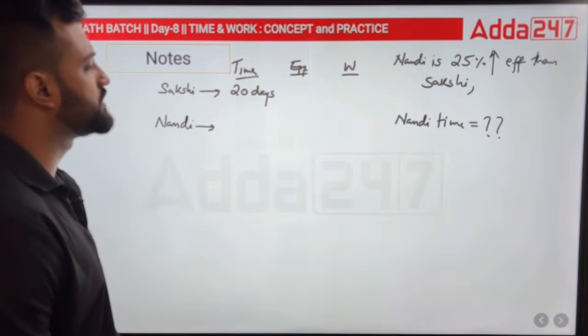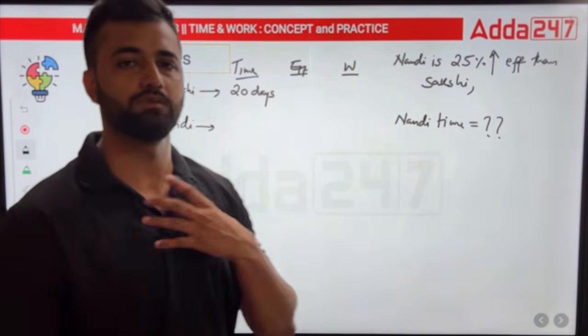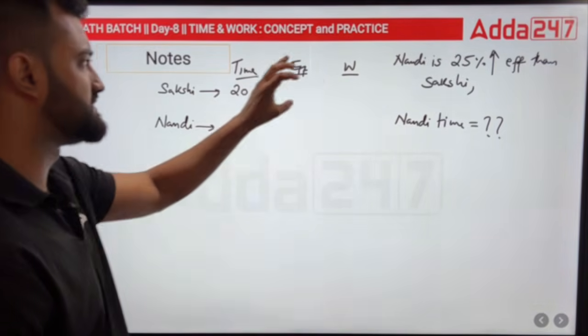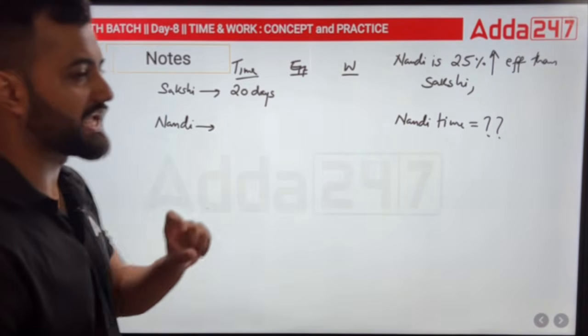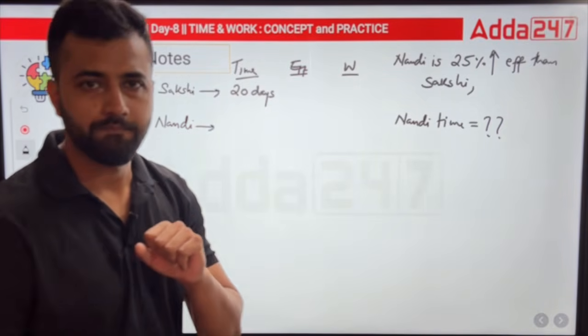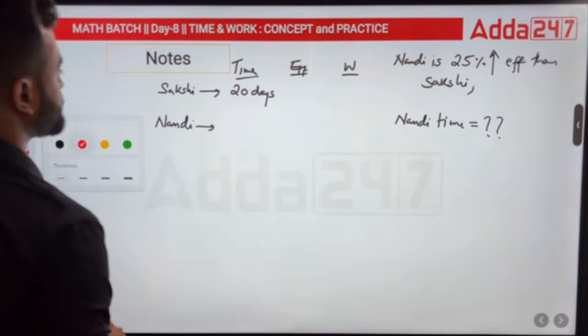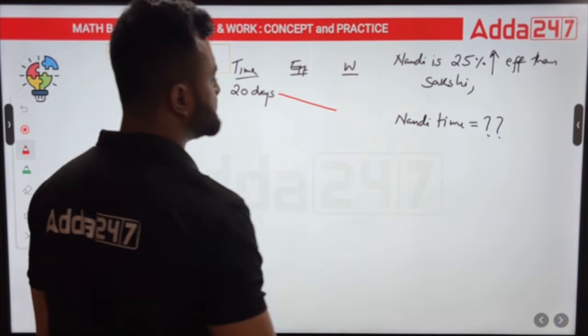So in order to make my calculation easy, I am going to assume the efficiency myself. I must take such a number which will make my calculation easier.